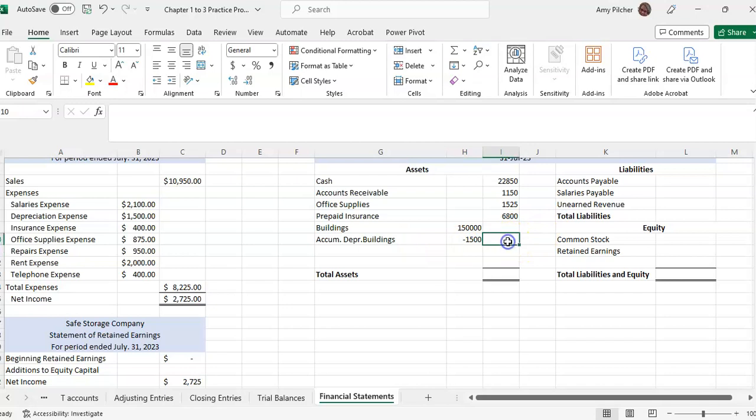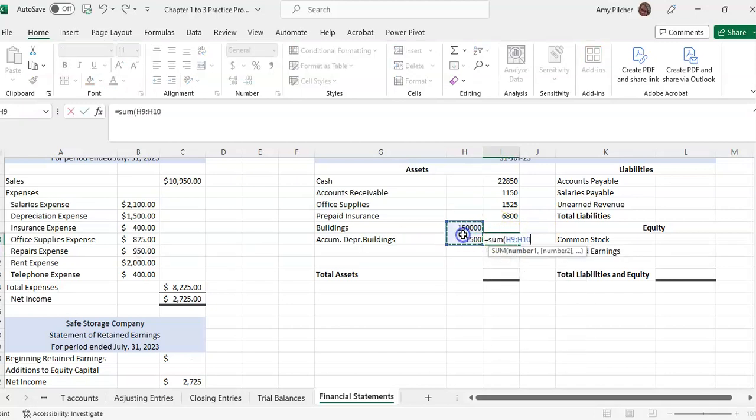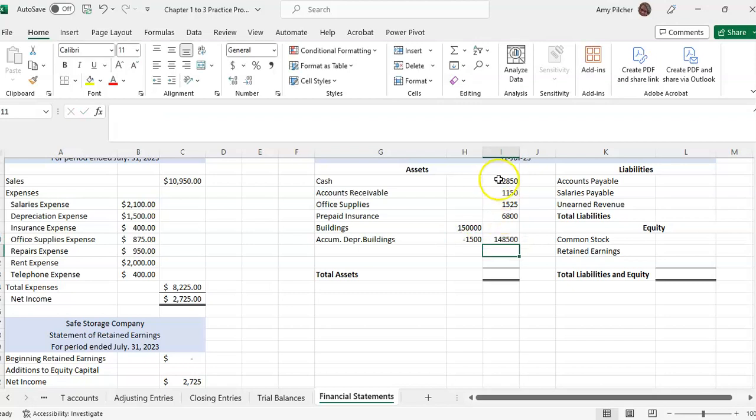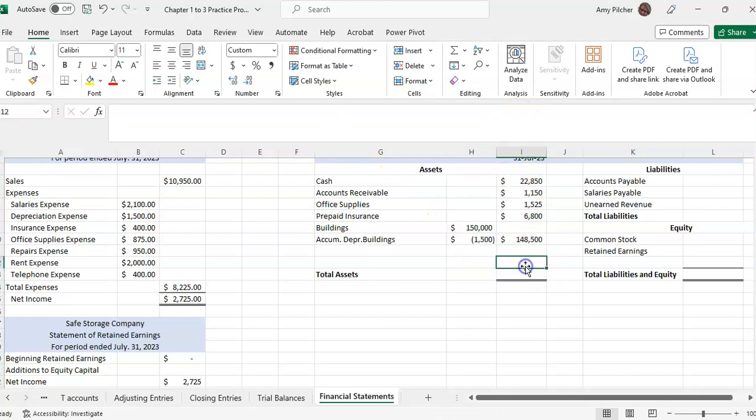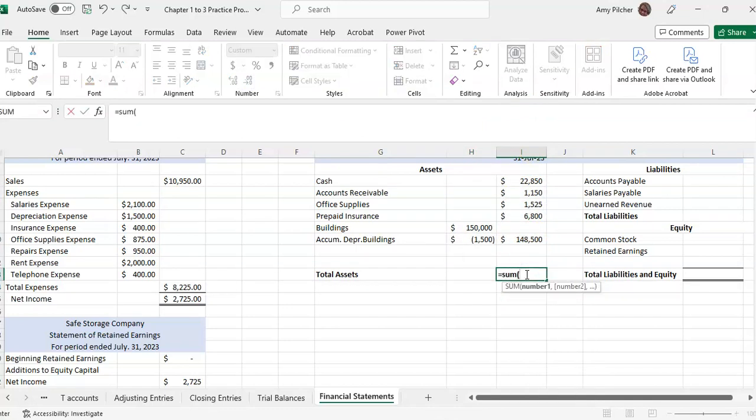And then over here, we will put the net of our buildings minus depreciation. Format that to all be accounting numbers. And our sum of total assets.